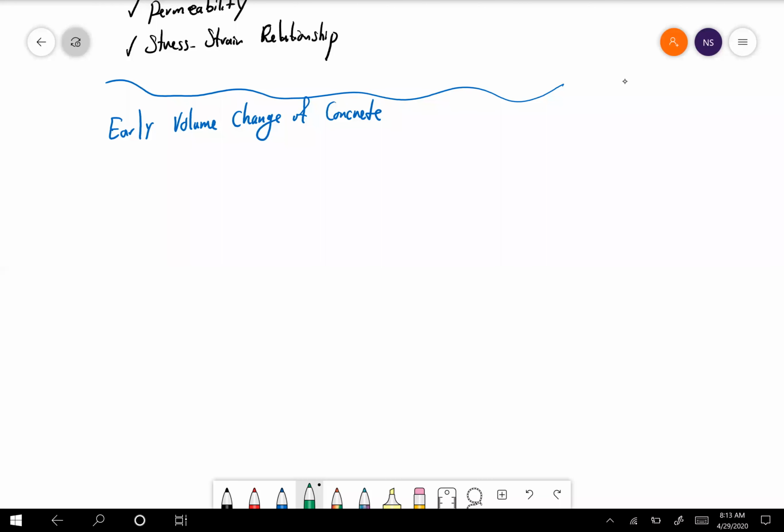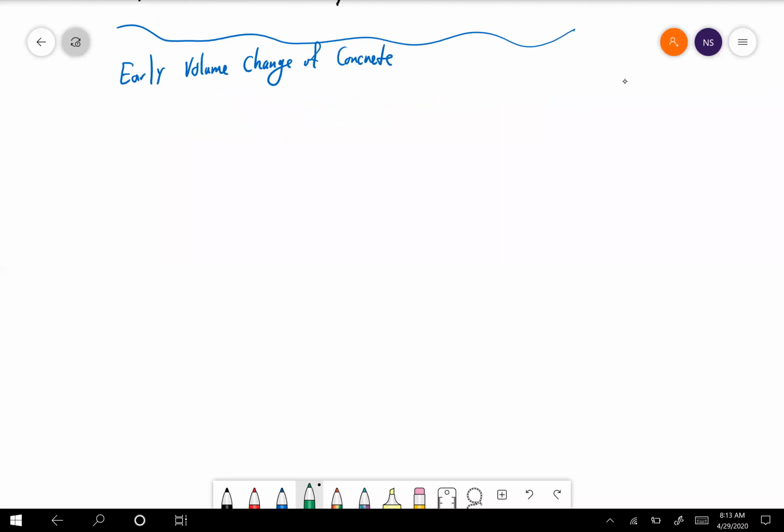So early volume change of concrete, there are probably only a few more topics to cover in this one, and then we can go back to the mixed design. There are different types of early volume change. The first one we call the plastic shrinkage of the concrete.